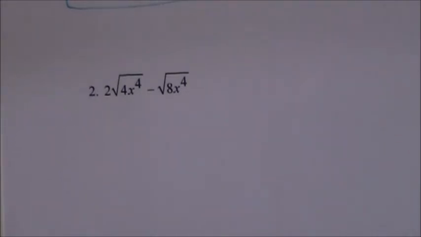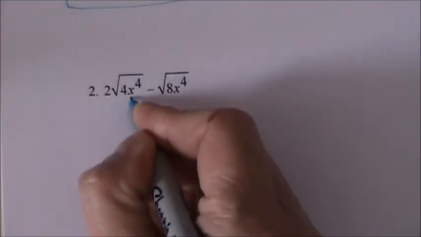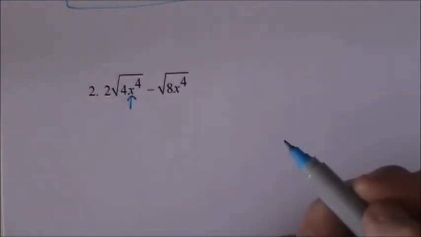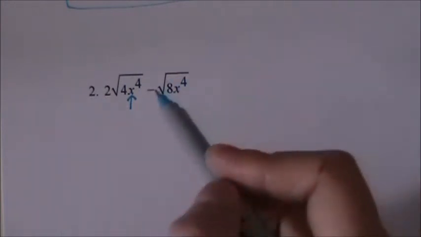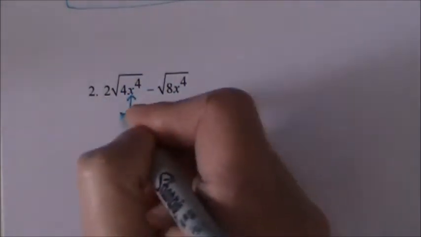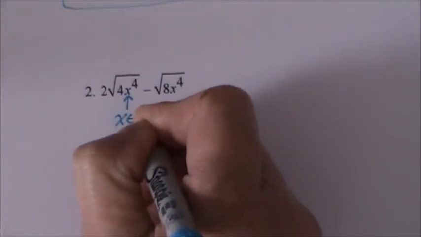For this one, if we look at it, we're going to need our restrictions. X to the 4th, that would be 4 x's. 4 positives get us a positive number. If we take 4 negatives and multiply them together, we get a positive answer. So this would be positive, and we could square root it. So this would be x is all real numbers.